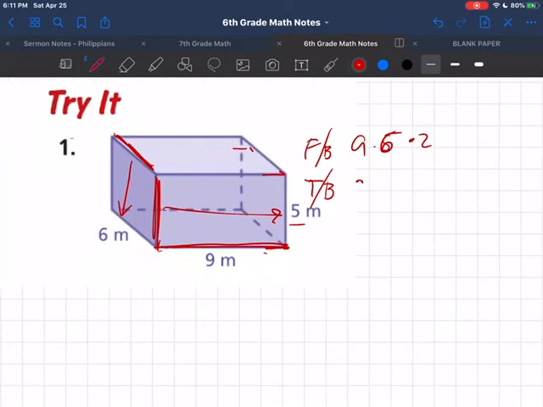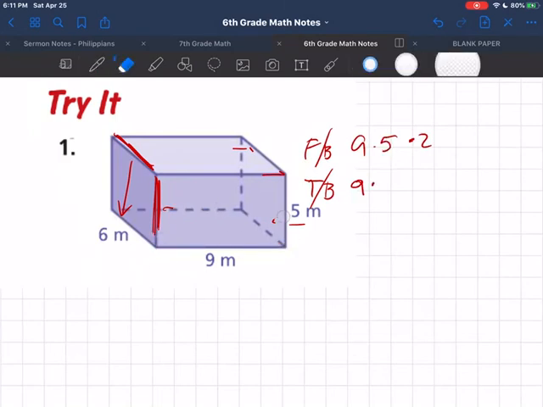So we should have had 9 times 6. Wait, top and bottom, okay, I had it right to begin with. Top and bottom are 9 times 6. Let's slow down if we're going to do this.